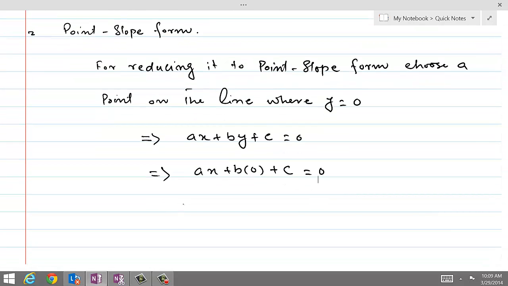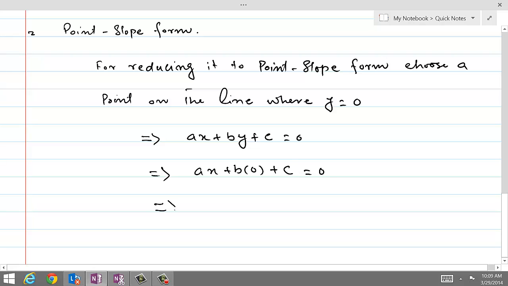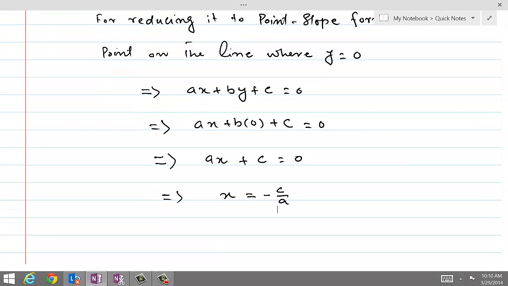This will give us ax plus c equal to 0, and here we will have a point for which x is equal to minus c over a. But for this, y is already 0. Isn't it x-intercept?